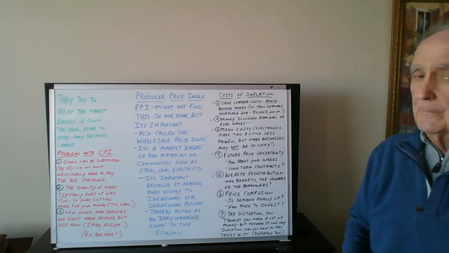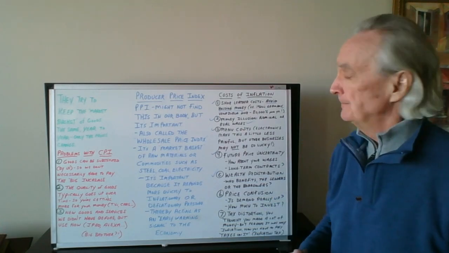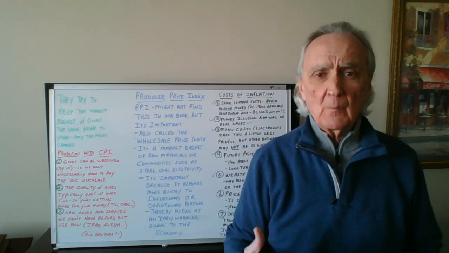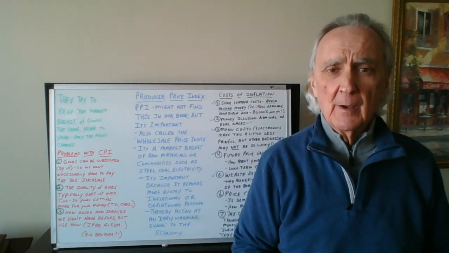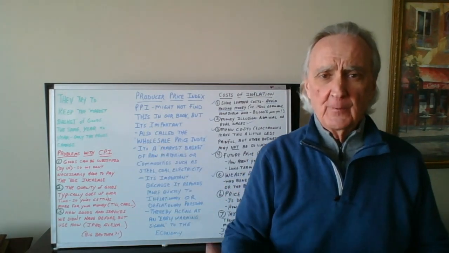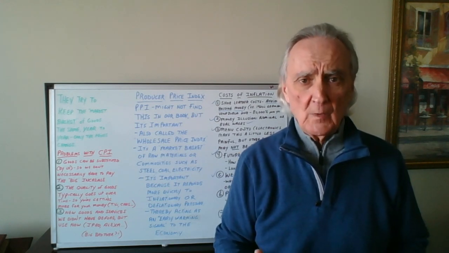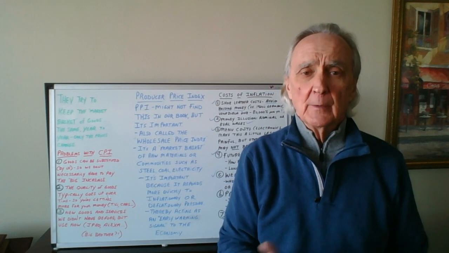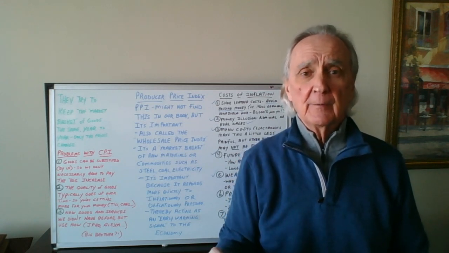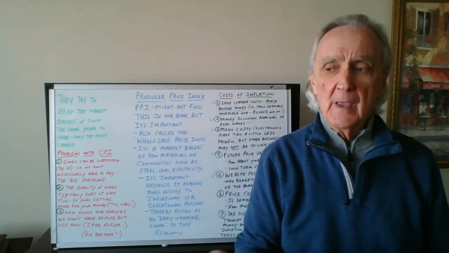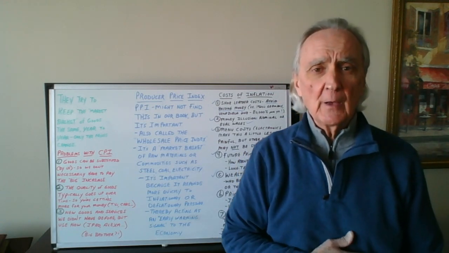Tax distortion, the last one. Let's say you bought a piece of property for $100,000, and a year from now, during times of high inflation, you want to sell it, and gee whiz, you can get $120,000 for it.